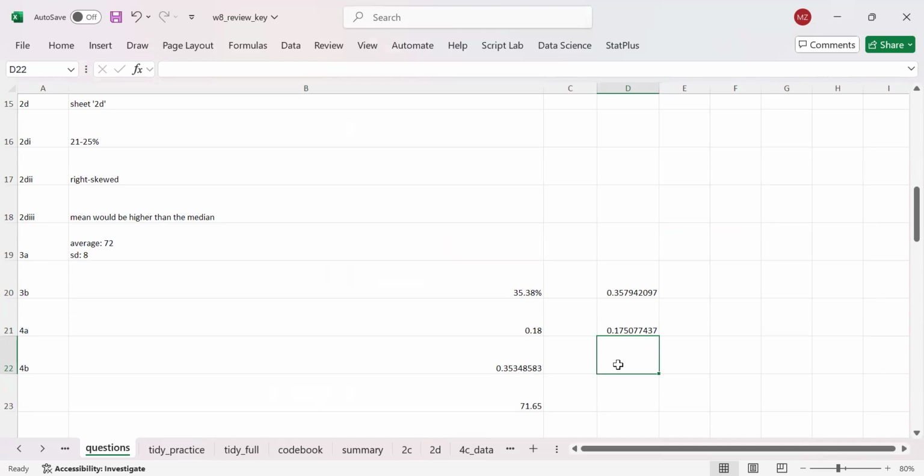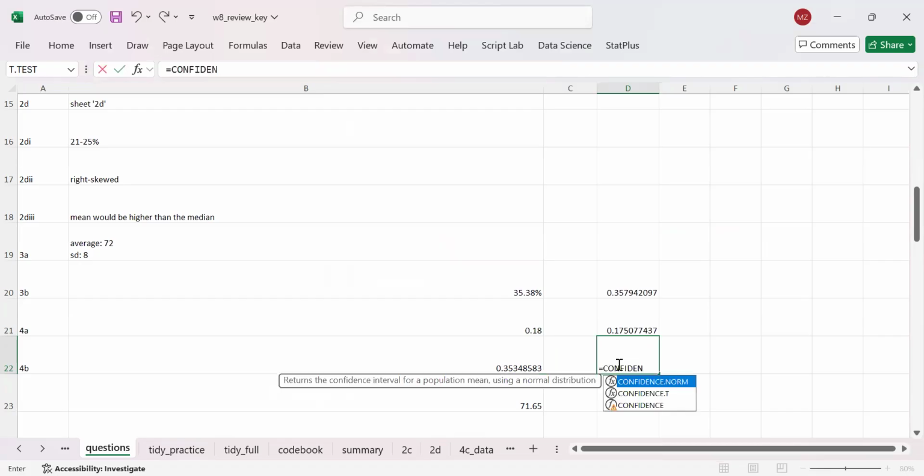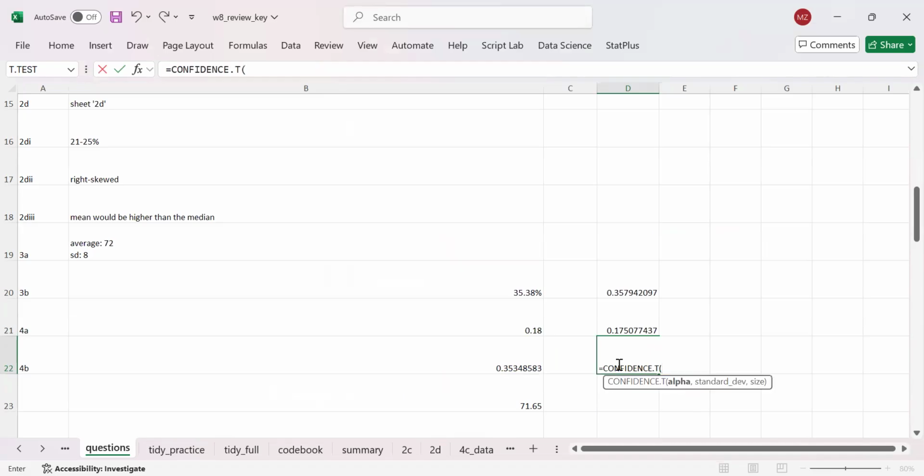For that, you can use the formula CONFIDENCE.T, and you would need to give it three different inputs. First is alpha, which depends on the confidence interval that you want to calculate. For 95%, your alpha is 0.05 or 5%.